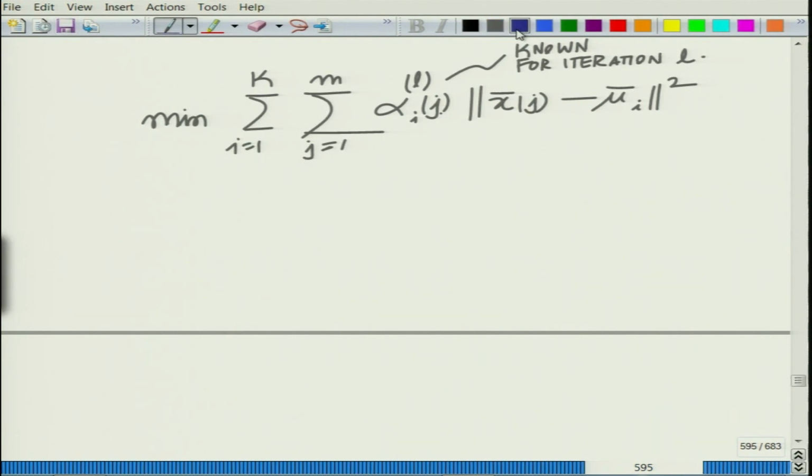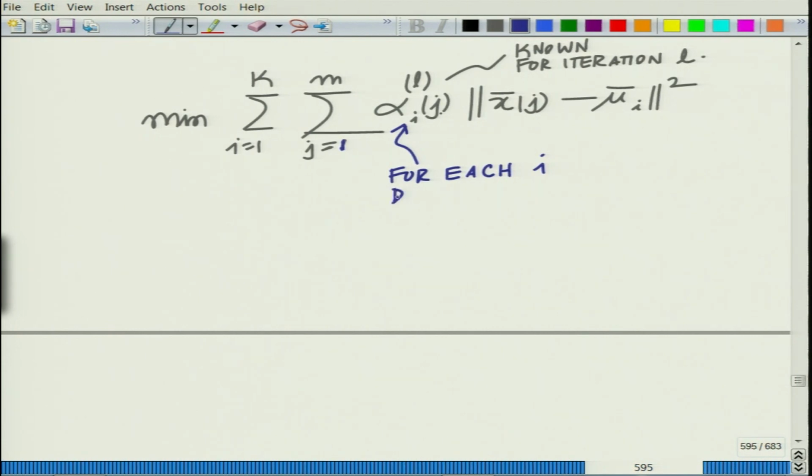Previously we fixed the point and assigned it to a cluster. Now, we will fix a cluster and determine the centroid. So, for each i, we determine the centroid, and how do you determine the centroid?